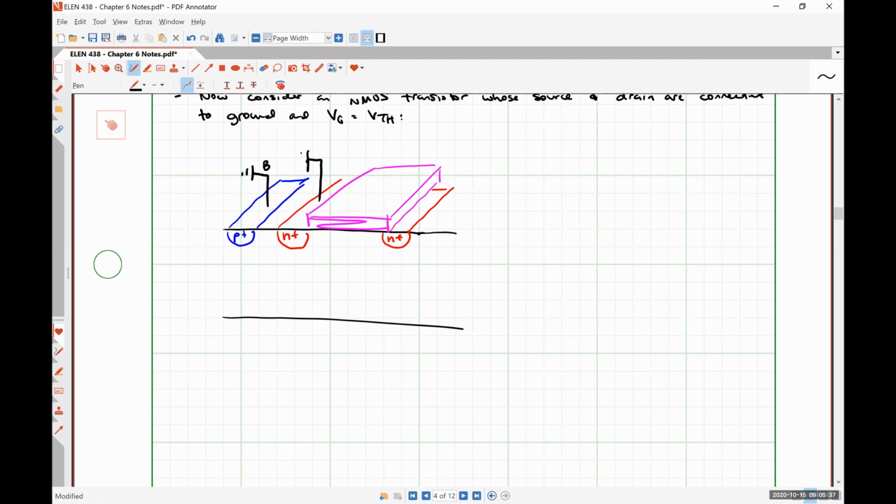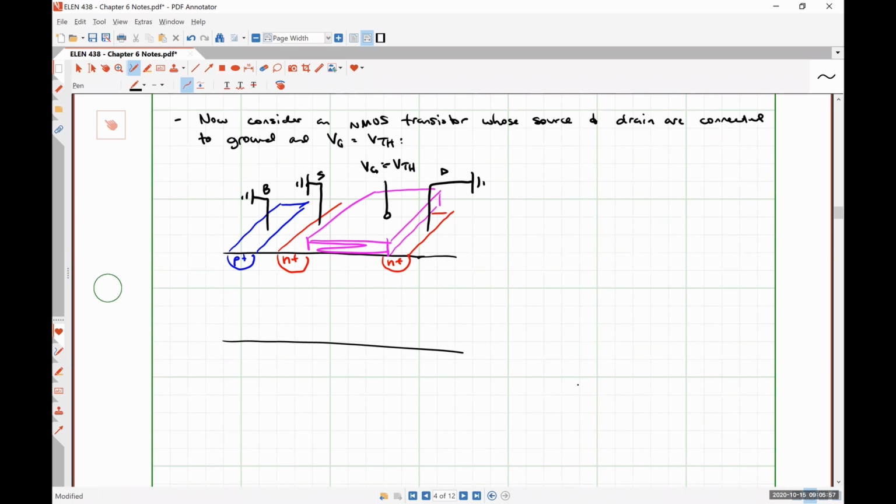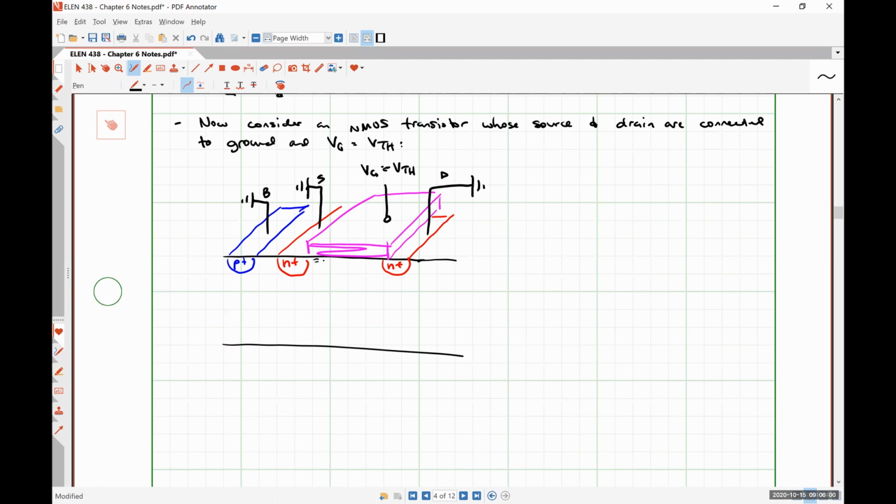Here's our source. Here's our drain. And then here's our voltage, VG equal to VTH. So when VG is equal to VTH, we have inversion. So we have our channel, and then obviously below the channel are all those ions, but they can't move, so we're not really going to consider them too much.